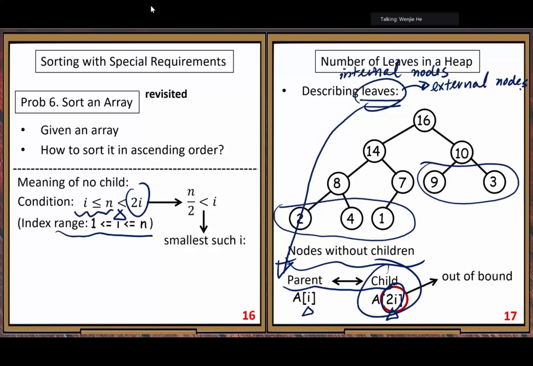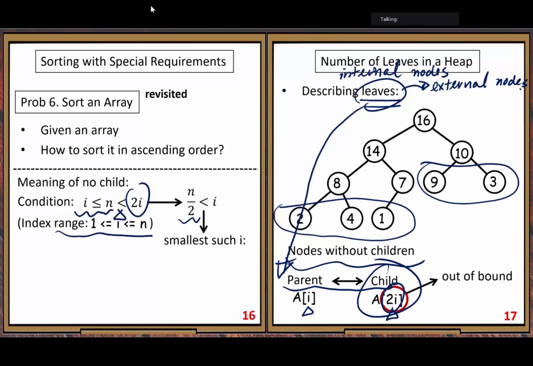So then we do division by 2, n over 2 strictly less than I. So we need the smallest integer that is strictly greater than n over 2. How to describe it? Strictly greater than n over 2. Cannot be equal. Here we do not allow the equal case.